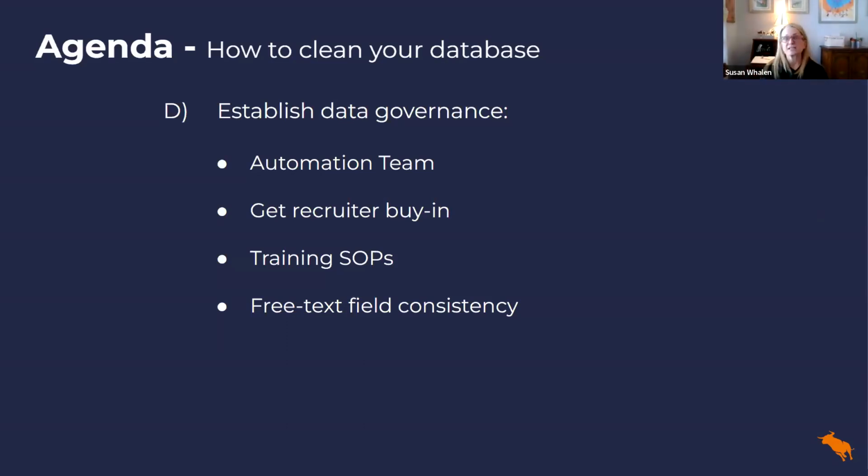But if you include key stakeholders from the important areas in your organization, sales, recruitment, marketing, executive level, to decide what types of automations you want to build, which ones you want to give priority to, and collaborating on the process, what that automation is going to look like, and make sure that it works from everyone's viewpoint.